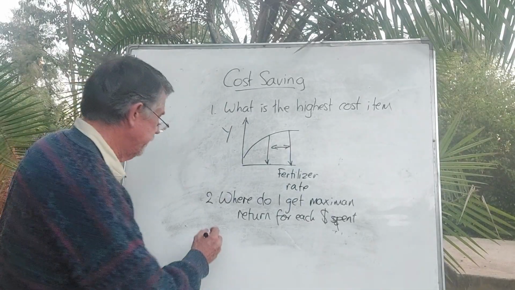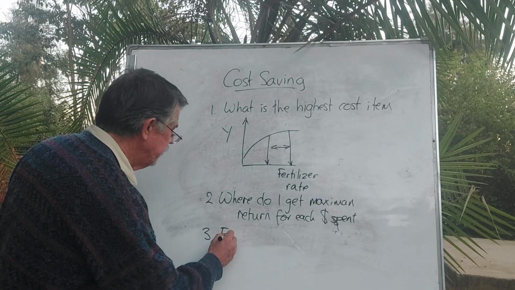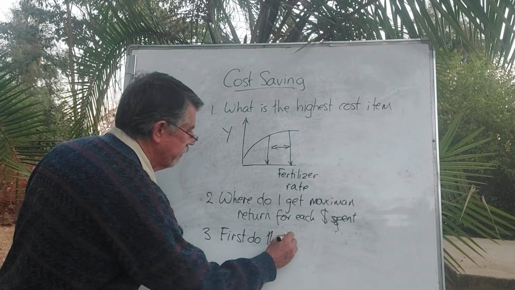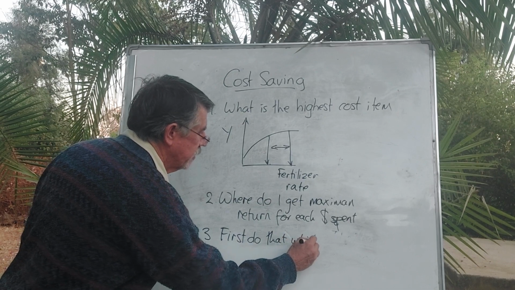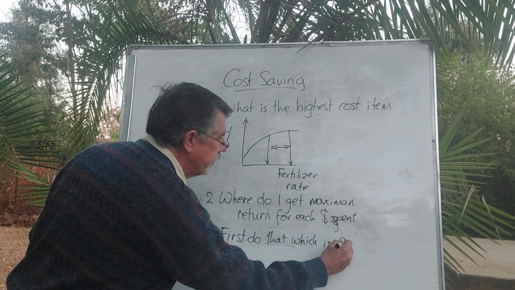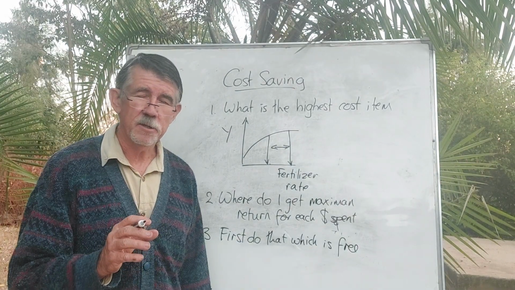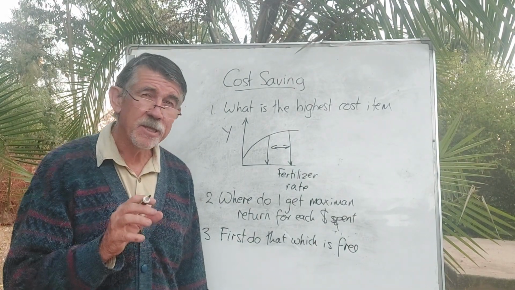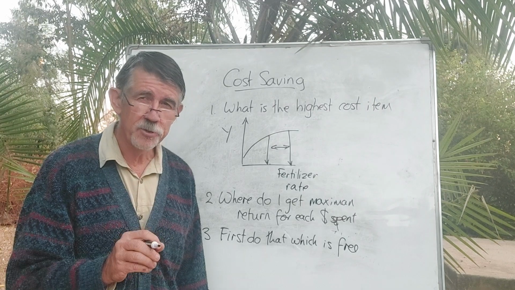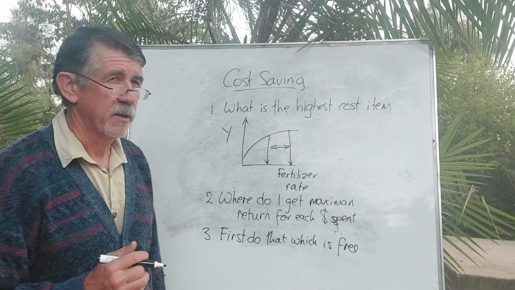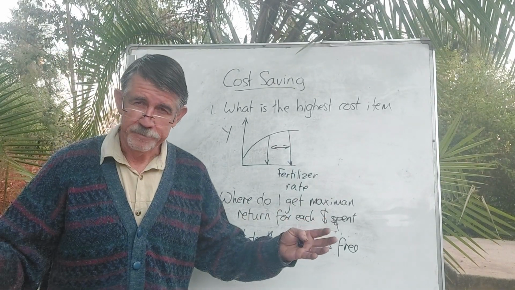Someone once said this: first do that which is free. Okay, so look at your enterprise and look at doing things that don't cost you a dollar amount. For example, we have grazing.